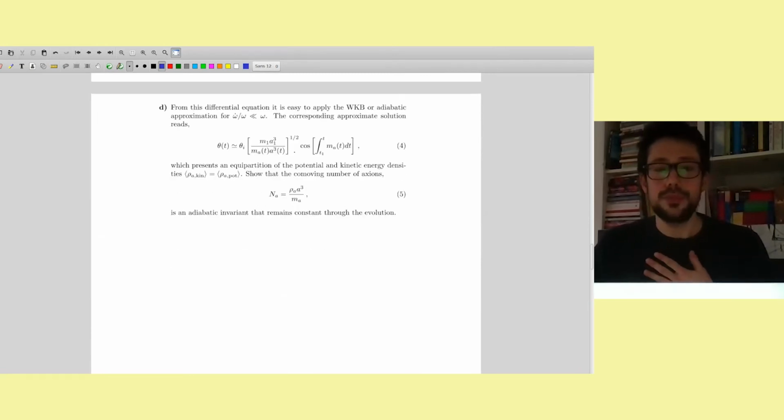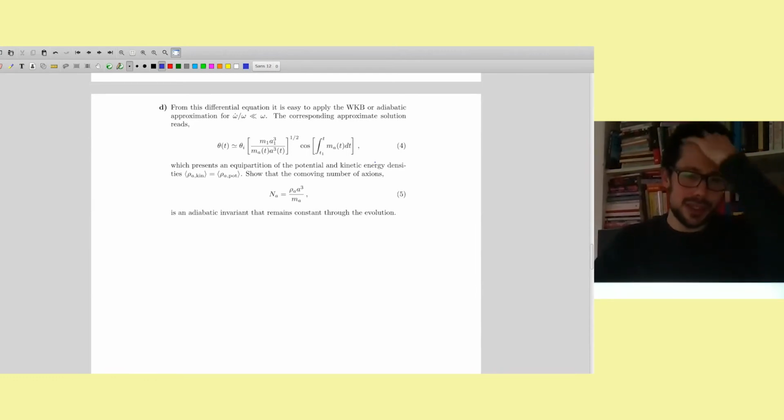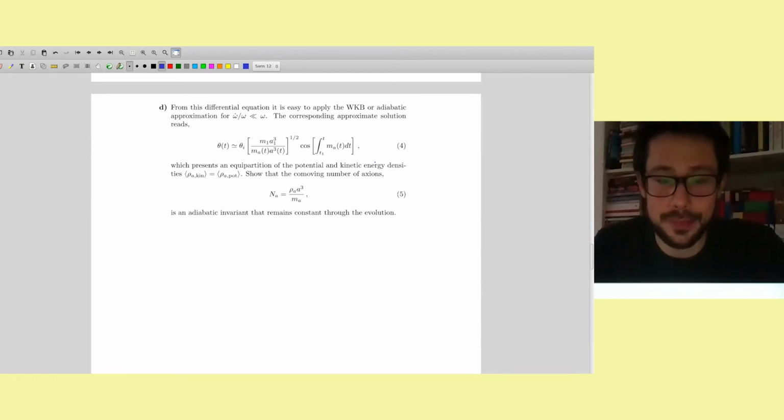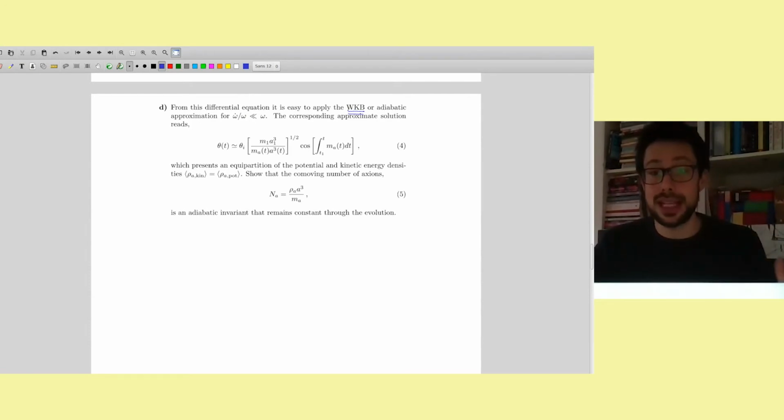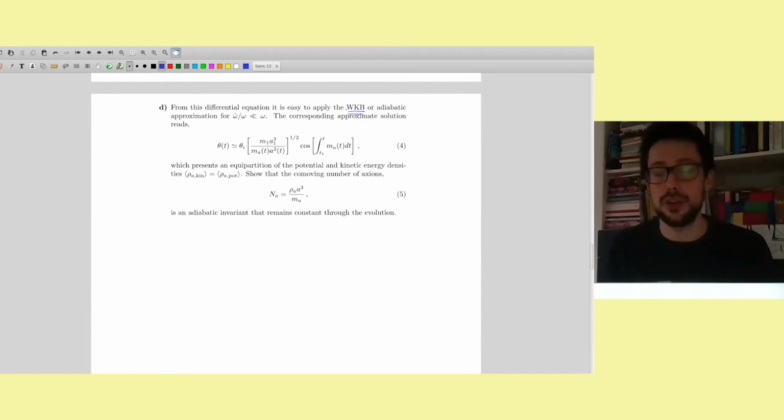Okay. So as I was telling you, after turning the differential equation into this other one, we can use the so-called WKB approximation, in which we assume that the amplitude evolves slowly as compared to the oscillations. This means that m_a is way larger than the time dependence of the amplitude.